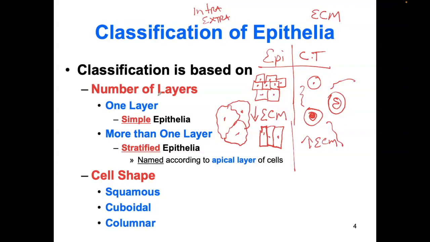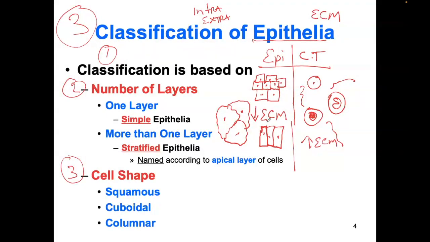Okay. When we look at epithelium, we need to ask ourselves three questions. This is going to be question 1, this is going to be question 2, and this is going to be question 3. Question 1: are the cells closely packed together, or are the cells far apart from one another?